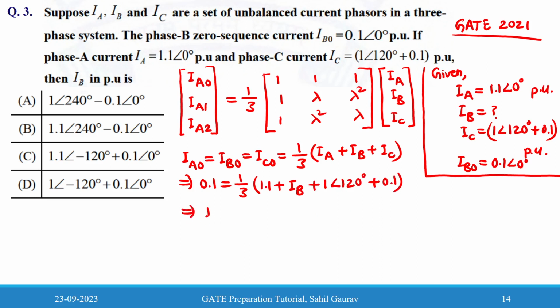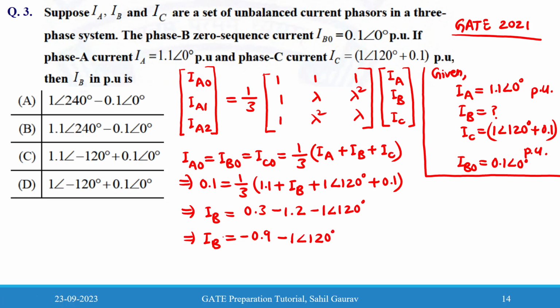So how will we get IB? 0.3 minus 1.2 minus 1 at the angle of 0 degree. So we will get IB as minus 0.91 at the angle of 0 degree.